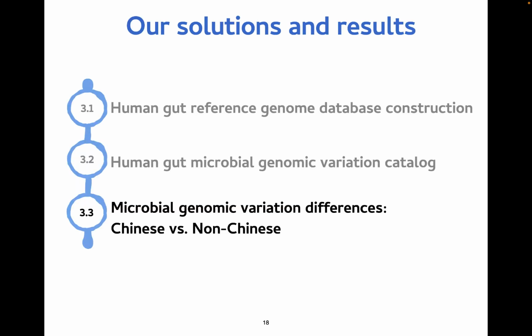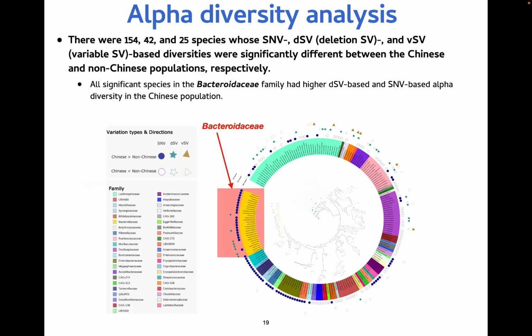Now let's come to the last section, the microbial genomic variation differences between the Chinese population and the non-Chinese population. By alpha diversity analysis, we identified 140, 54, 42, and 25 species whose ISMV, deletion SV, and variable SV diversities were significantly different between the Chinese and non-Chinese population respectively.